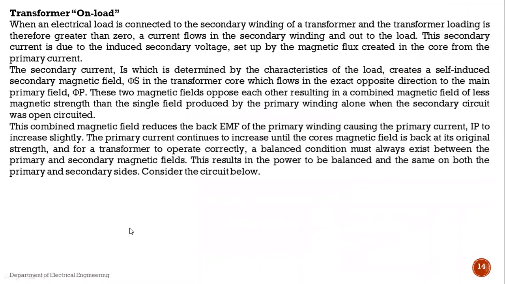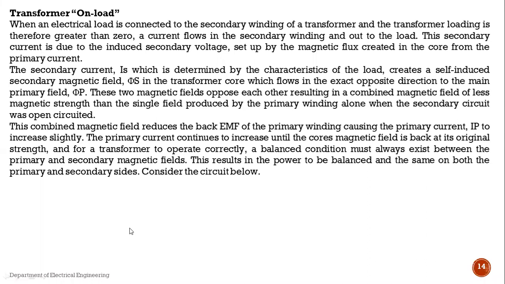Now today we will discuss the next point, which is important and very interesting: the transformer on load condition. When the transformer is said to be on load condition, it means some load is connected on the secondary side of the transformer.